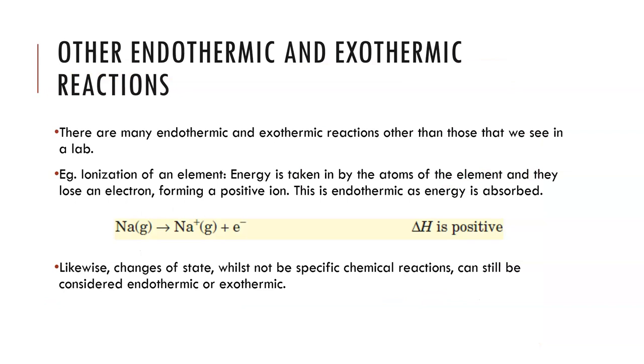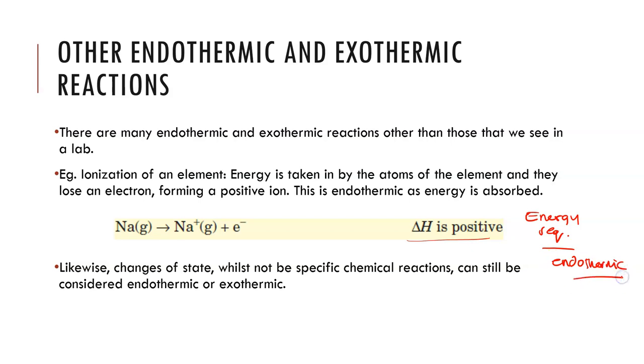So other endothermic and exothermic reactions we should be familiar with include ionization. So you'll remember the definition of ionization energy is the energy required to remove an electron from an atom in the gaseous state. This means because there is energy required, it's going to be endothermic.